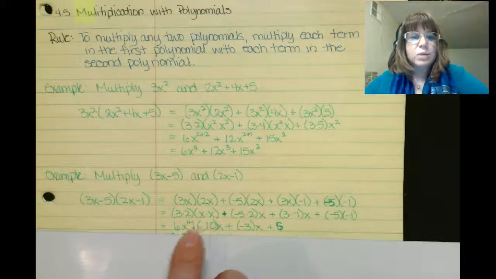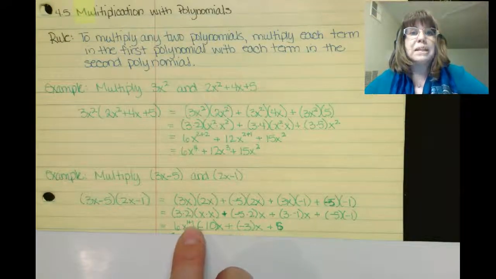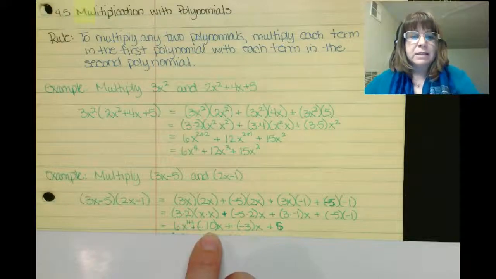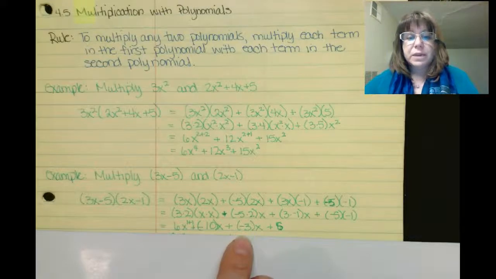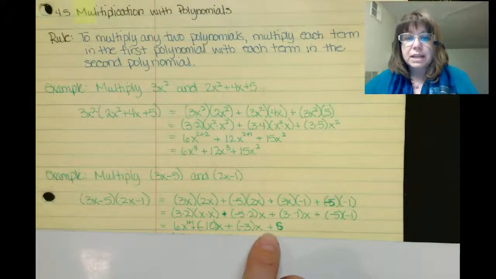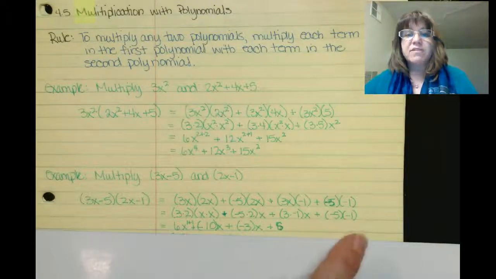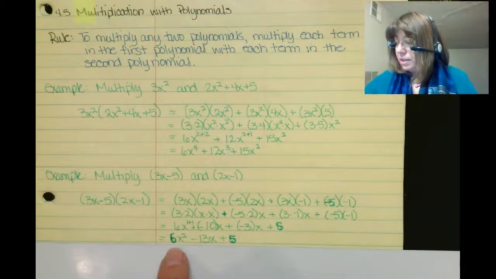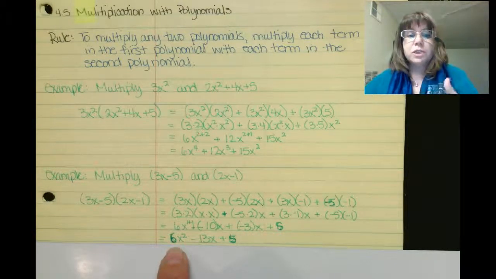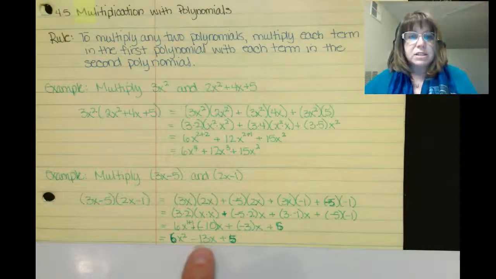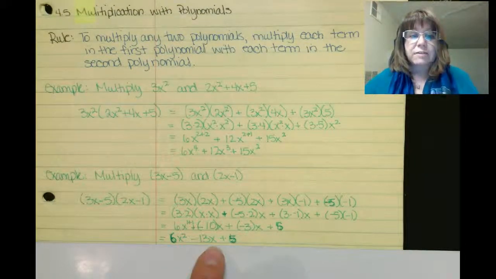X times x is really x to the 1 plus 1 plus negative 10x plus negative 3x, that's the 3 times negative 1, plus 5, because negative 5 times negative 1 is positive 5. That gives me, add like terms, do the math for the exponents, 6x squared minus 13x plus 5.